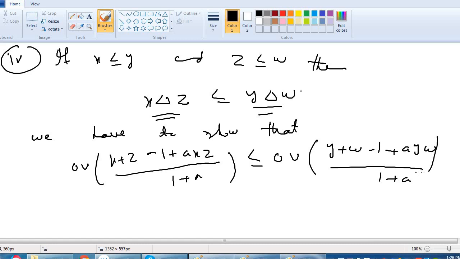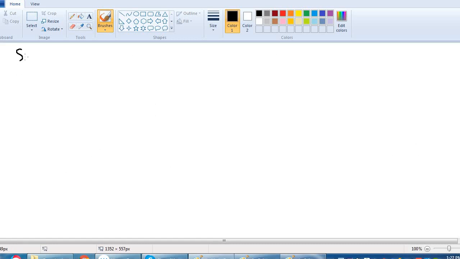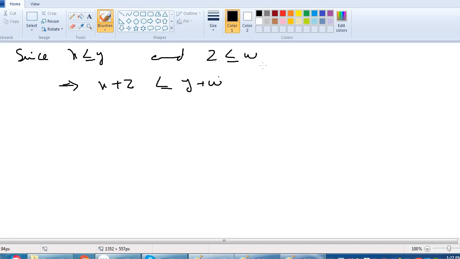So now, x is less than or equal to y and z is less than or equal to w. This is given. We add both sides, we get x plus z is less than or equal to y plus w. Here we see that x, y, z, w all are fuzzy numbers.